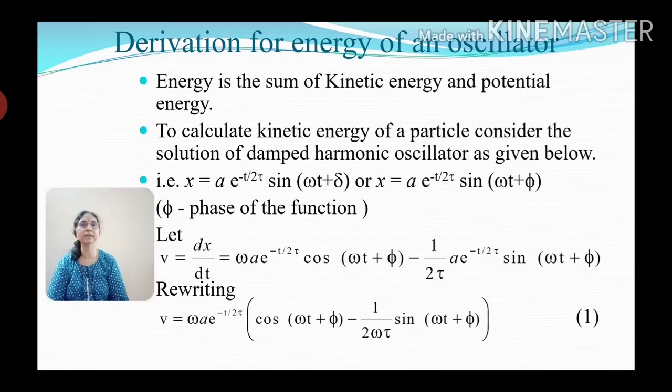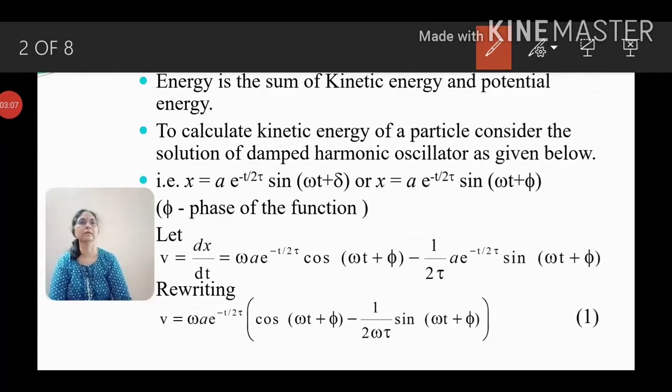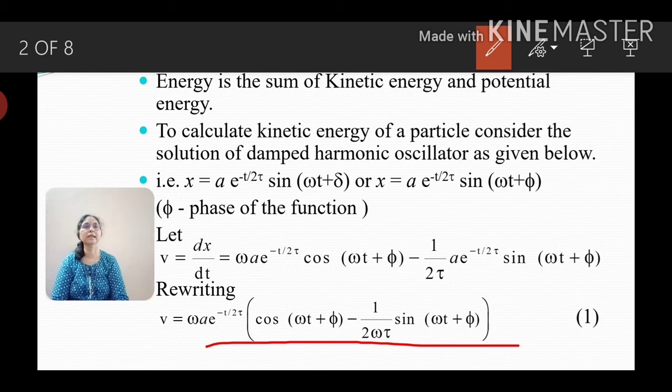Now, here we will take common terms. What is common in this case? That is a e raised to minus t upon twice tau, and we will also take omega common. So, look at this equation: omega a e raised to minus t upon twice tau we take common.